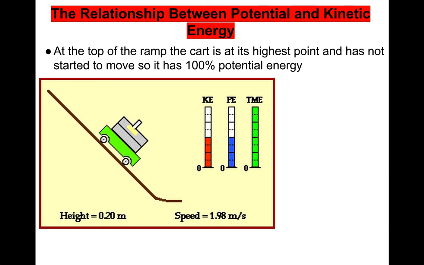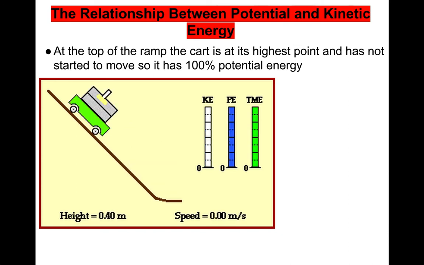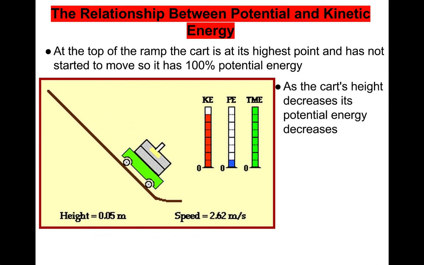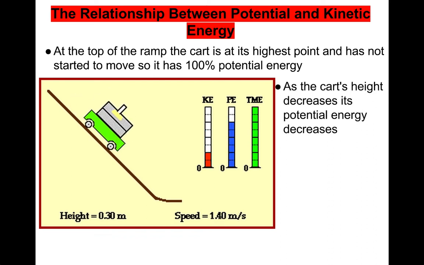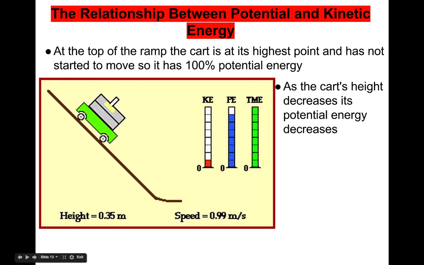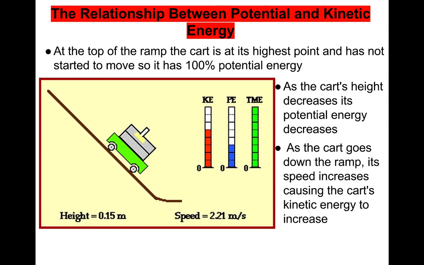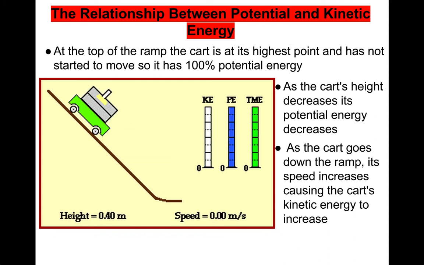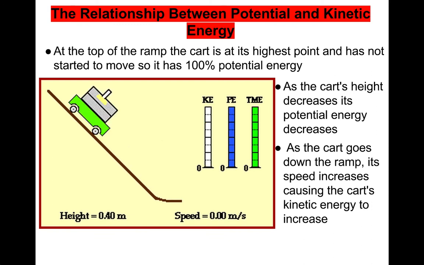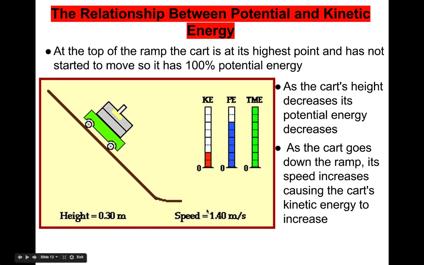So it has 100% potential energy. As the car's height decreases, its potential energy decreases. And you can watch that here. As the car goes down the ramp, its speed increases, causing the car's kinetic energy to increase. So you can watch the speed increase right here.